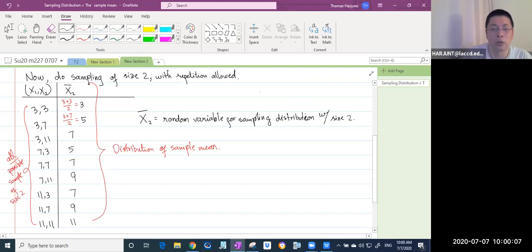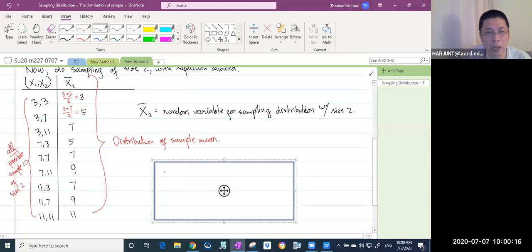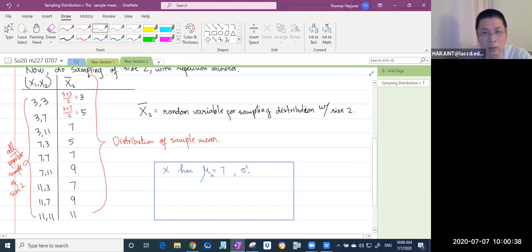Okay, so let's look back a little bit at what we have right now. First, the x is the underlying distribution. This x has mu equals 7, and the variance is 32 over 3.